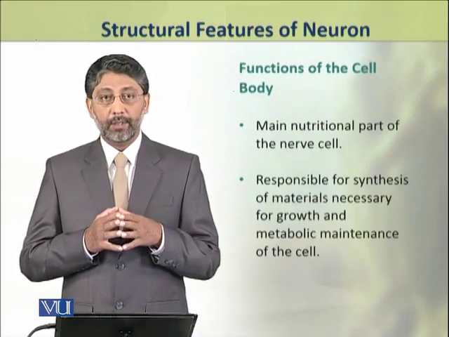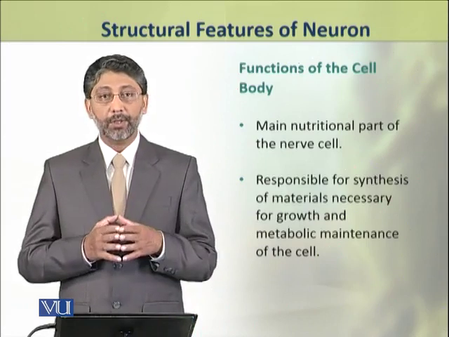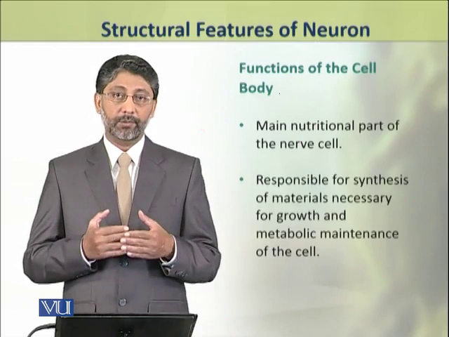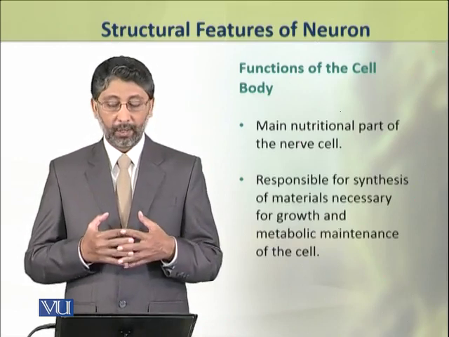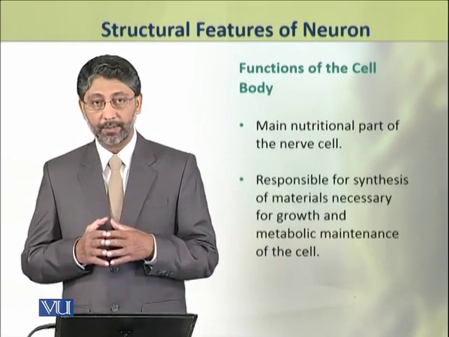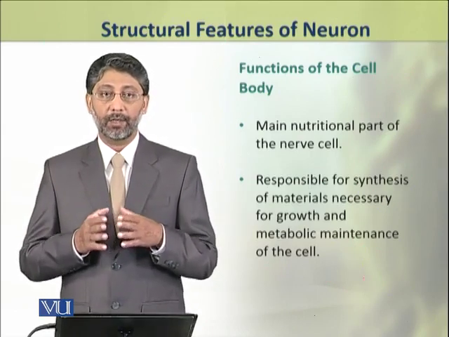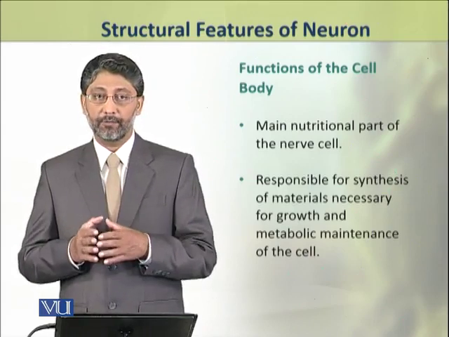The cell body is the main nutritional part of the nerve cell. It is responsible for the synthesis of materials which are necessary for the growth and maintenance of metabolic functions of the nerve cell.